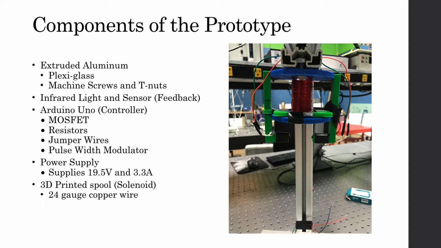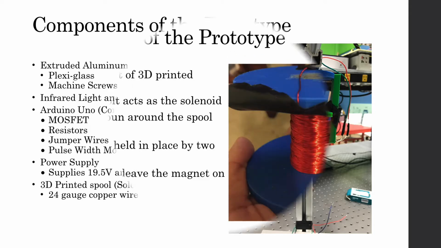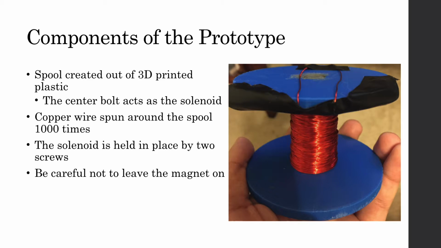For our project, we decided to use an old laptop battery supply that supplies 19.5 volts and 3.3 amps to our magnetic levitator. We built our electromagnet on a 3D printed spool, which is shown here in blue, and it's wrapped with 24 gauge copper wire, which is in red. Like I said earlier, it is made out of 1,000 turns of the copper wire.